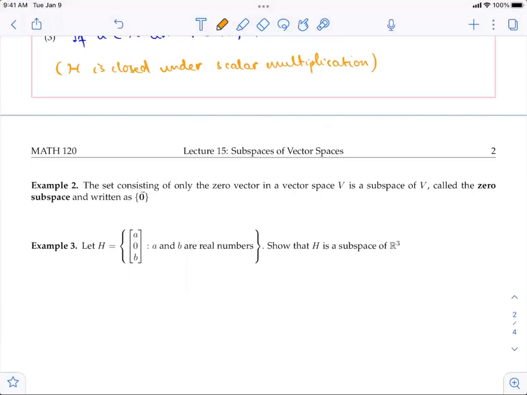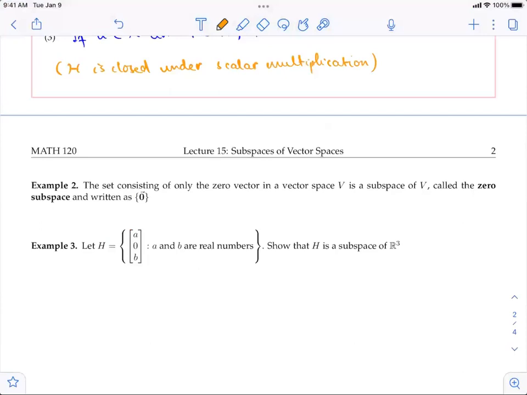If you multiply any scalar with the zero vector, it also gives you the zero vector, so the subset is closed under scalar multiplication. Therefore, the set consisting of only the zero vector is a subspace of the vector space V.